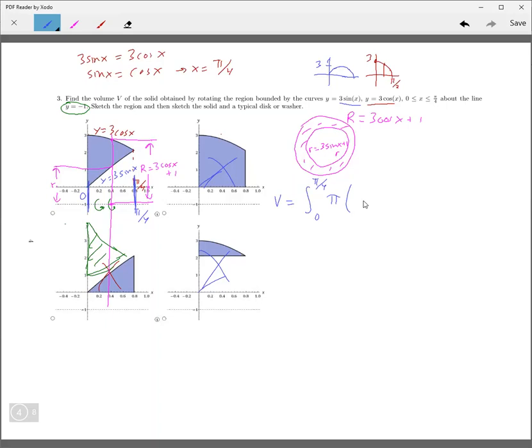And pi times the outer radius squared, oh, this is really nasty, minus the inner radius squared, dx.